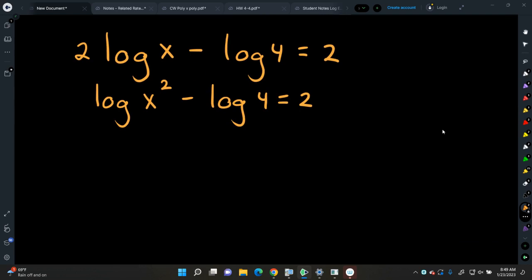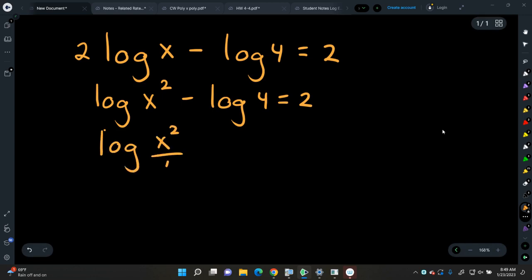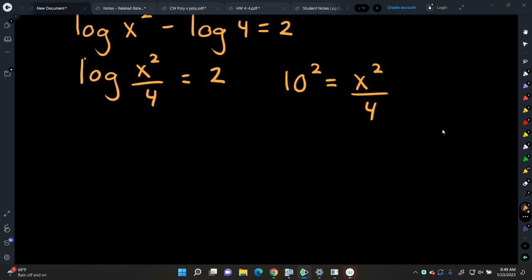Then what? We divide it. We're going to do the division first. X squared divided by 4. And you do 10 to the power 2. Good. Because there's no base there, so we assume it's a 10.